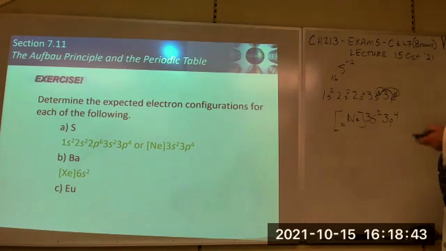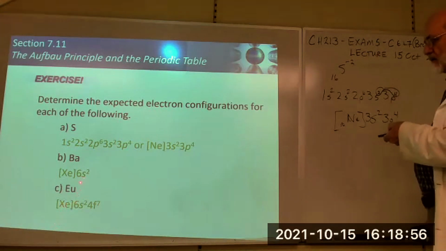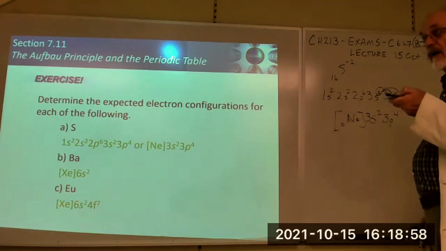Europium, where's europium? It's way down here. That one's going to be a booger. 1, 2, 3, 4, 5, 6. Okay, it should be normal xenon, just like barium, right? Xenon, and then you add 6s, and now you're into the lanthanides.